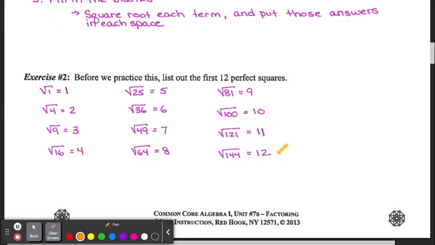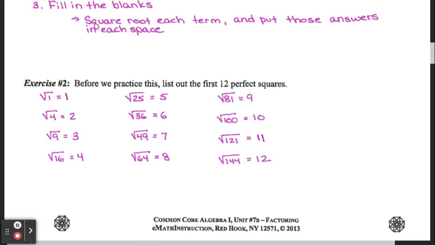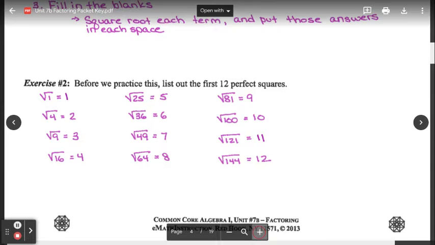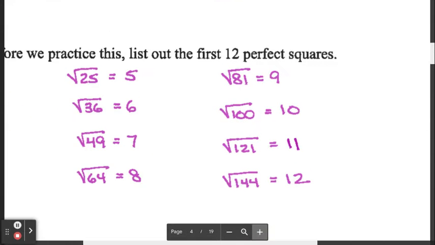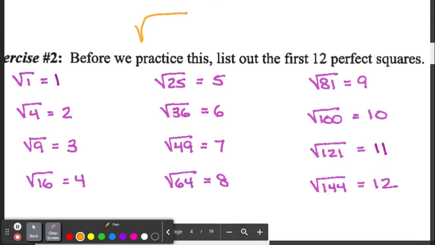So in the interest of knowledge and review, let's see if I can maybe zoom. There we go. Zoom this in. These are the first 12 perfect squares. Remember, a perfect square is something you can take the square root of and get a whole number. A lot of people think that 8 is a perfect square. You're not dividing by 2, you're taking the square root. And if you put that in your calculator, you're going to get a big, long decimal.